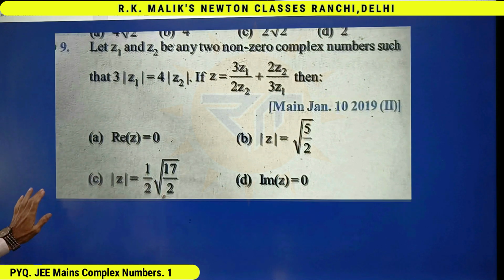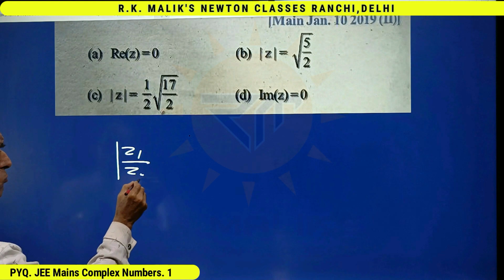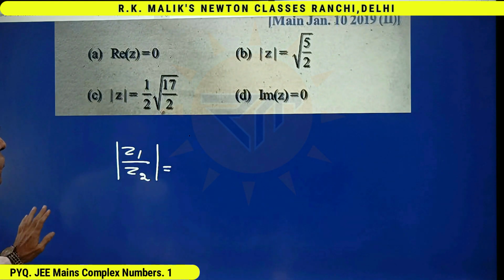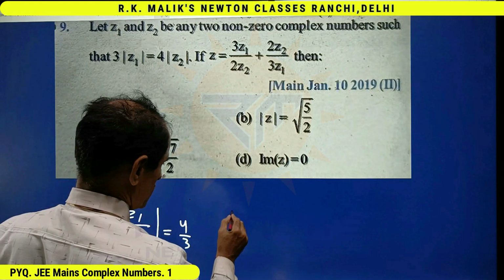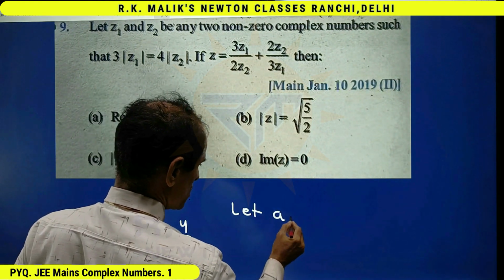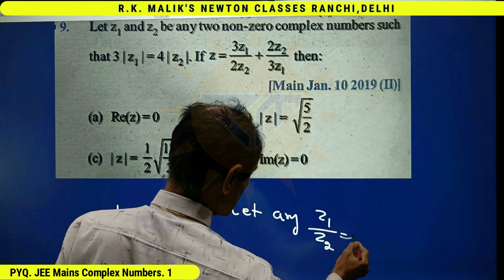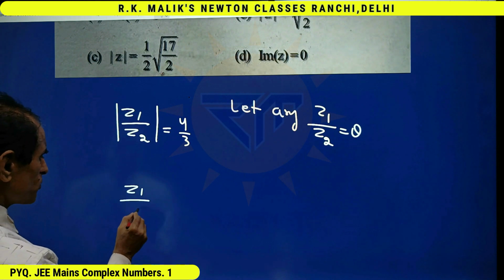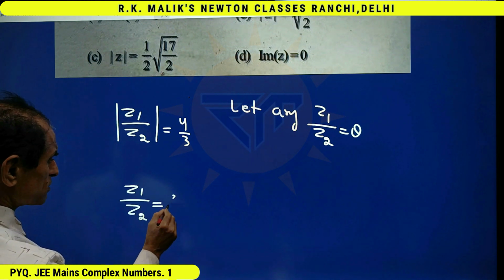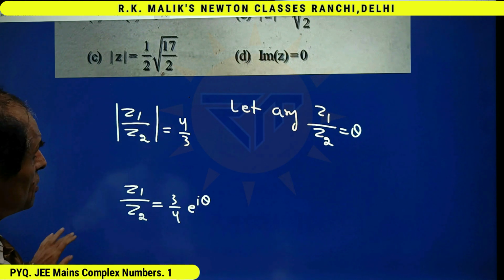This information can be written as mod of z1 upon z2 equal to 4 by 3. Let argument of z1 upon z2 be theta. It means z1 upon z2 can be written as 3 by 4 e power I theta.